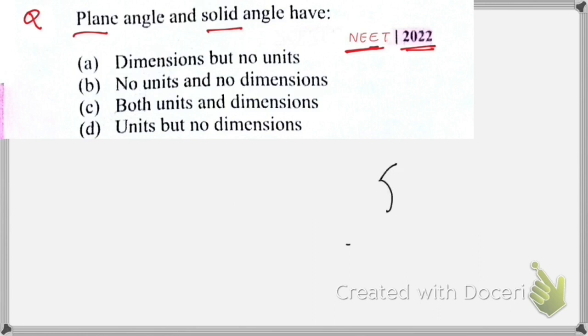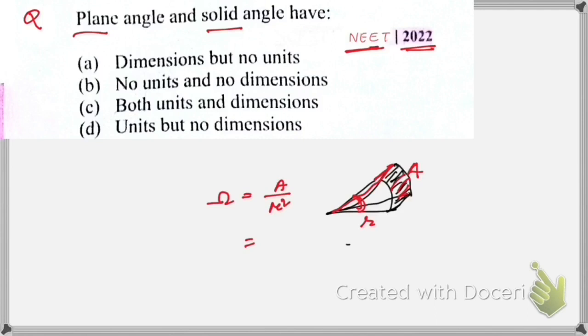Suppose this is a surface, or you can consider this is a part of the surface of a sphere, that makes a solid angle. So the angle is subtended by a surface, not an arc or a line, at the center. Here is the radius r, and this surface area is suppose A. Then this solid angle omega is given by area by r square.